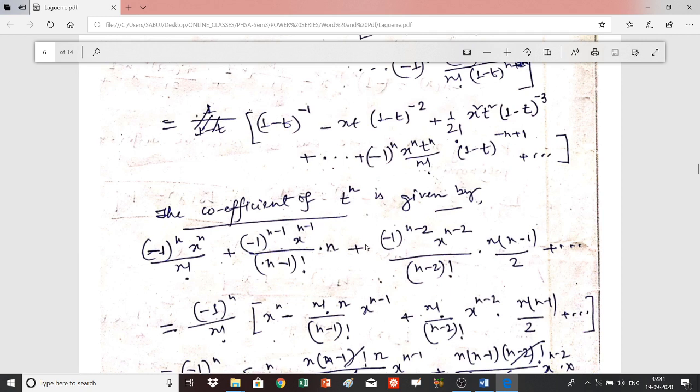After that, in this way, the next term will be (-1)^(n-2), x^(n-2), then (n-2) factorial, and the very next term will be n minus 1, and here is another 2.